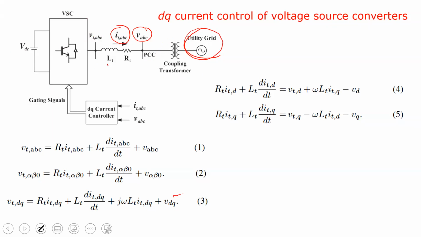These are the inverter coupling parameters. Considering all the parameters, we lumped them together into LT and RT. RT is the coupling resistance, usually very small, and LT is the coupling inductor size. When measuring LT and RT, we also include the grid side inductance and the coupling transformer. Everything is lumped together here.